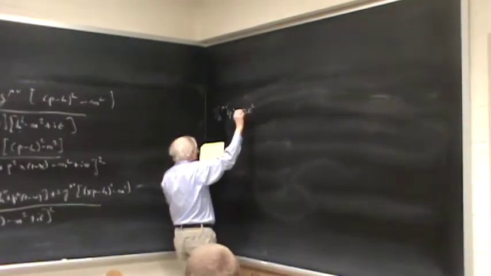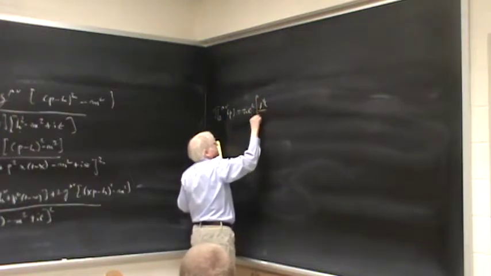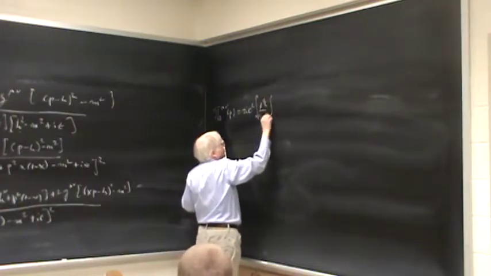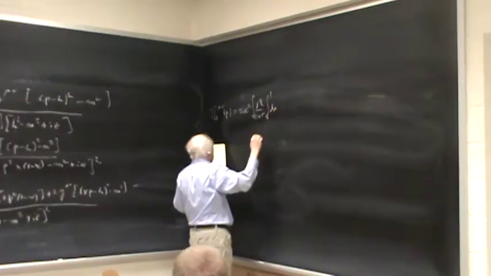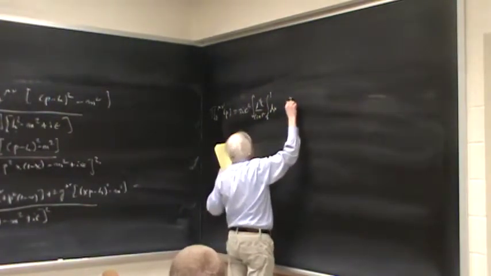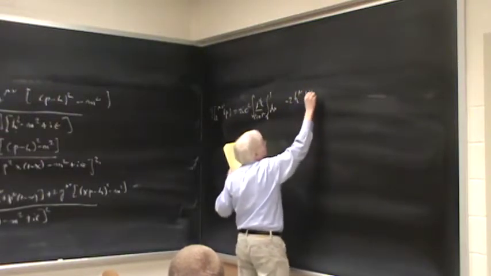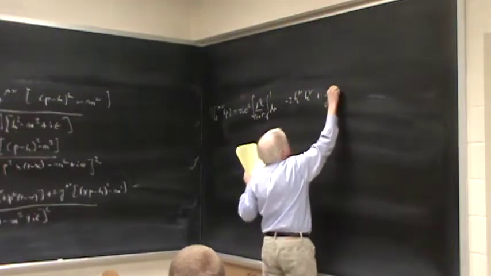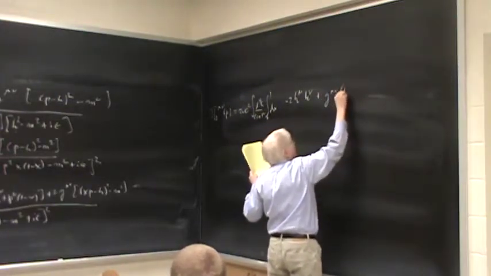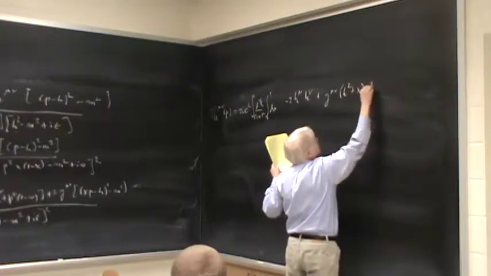So 2i e squared d fourth k over, 0 to 1 dx. And then, so the part we're interested in is minus 2 k mu k nu plus g mu nu times k squared plus x squared p squared minus m squared.